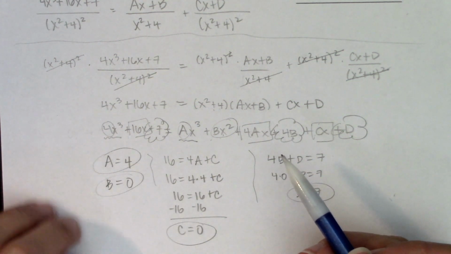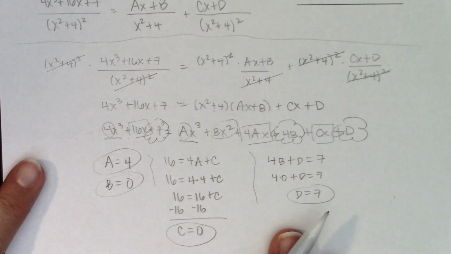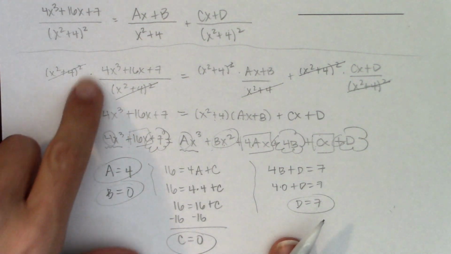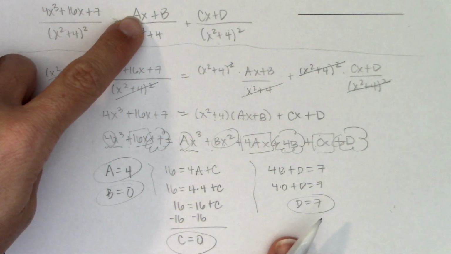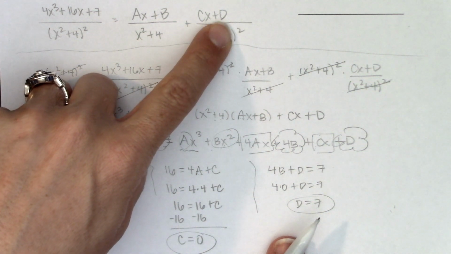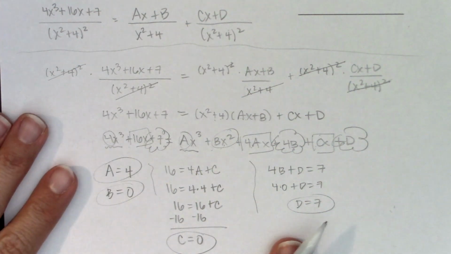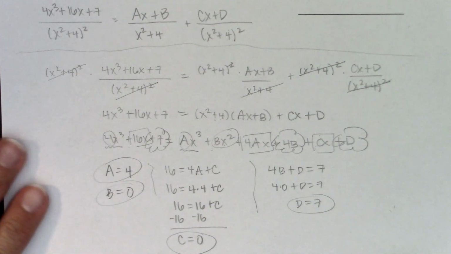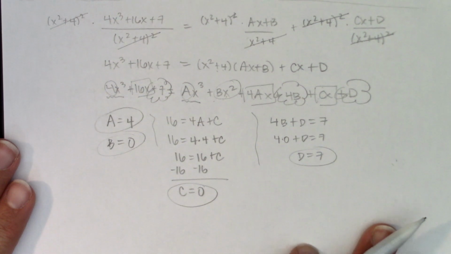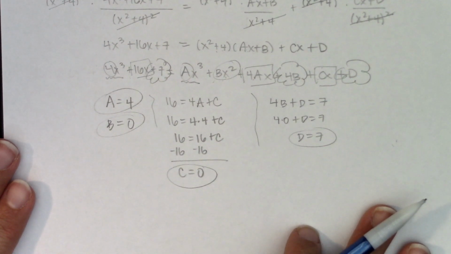So when I start to piece that together, and I'm going to scooch this just a little bit back down here, how this is going to play out is I'm going to put a is 4, b is 0, c is 0, d is 7. And I'm just going to simplify that a little. So let me scooch this up one last time, and then I'll start to write all of this out, and I'll get it up on the answer key.